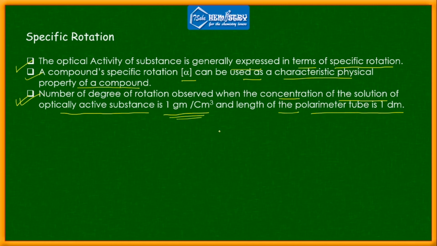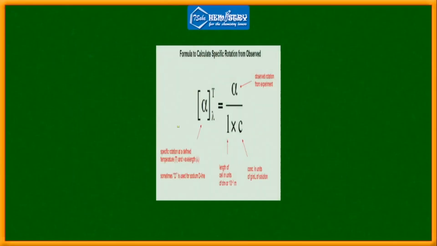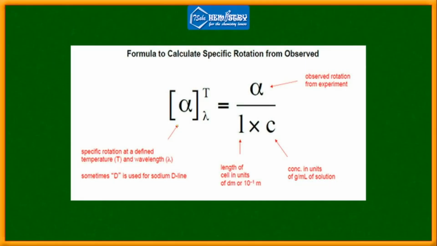So you have to take an optically active substance inside the polarimeter tube, and before that you should make sure your concentration is 1 gram per centimeter cube and the tube length is 1 decimeter. Next we have a formula to calculate this specific rotation. What is the formula then?